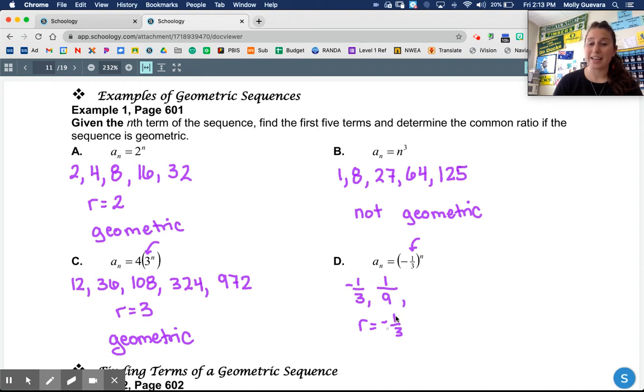So if I multiply 1/9 times negative 1/3, I get negative 1 over 27. And again, by negative 1/3, I get positive 1 over 81. And by negative 1/3 again, I get negative 1 over 243. So this is geometric.